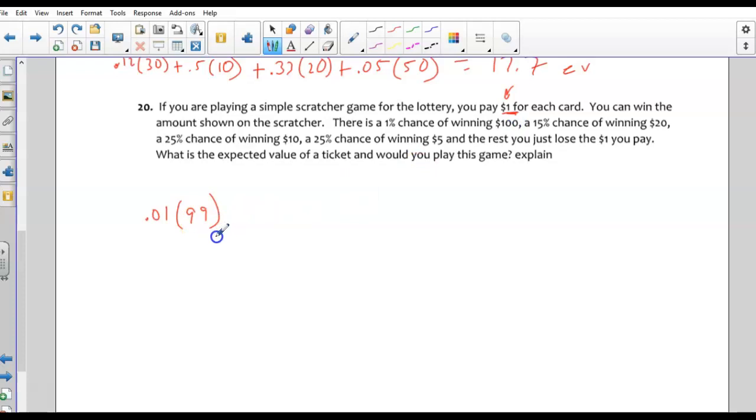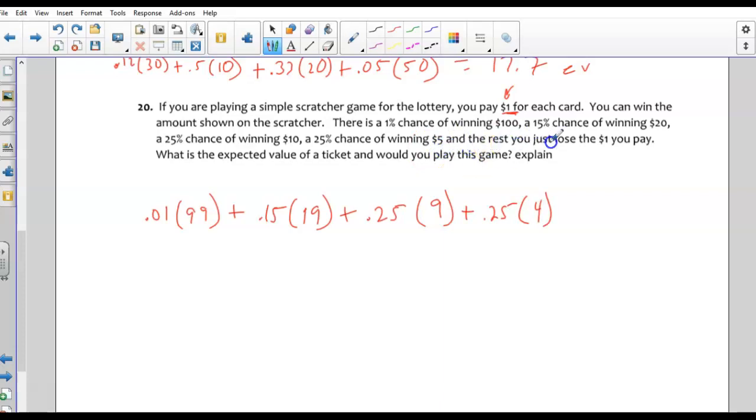Right? And then there is a 15% chance of winning $20. So a 15% chance of really winning $19. Then a 25% chance of winning $10. So really $9. I paid $1 to play. And then there's a 25% chance of winning $4, not 5, right? 4.